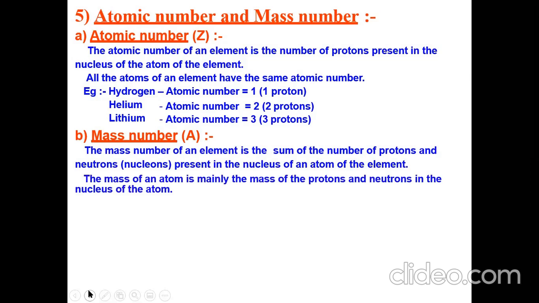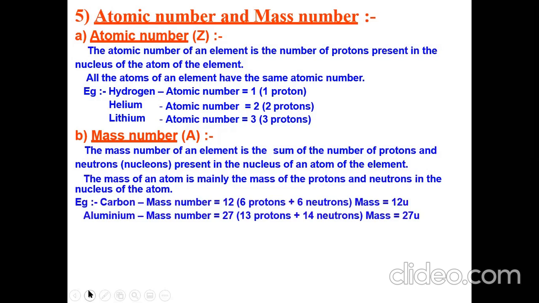The mass of an atom is mainly the mass of protons and neutrons present in the nucleus. For example, carbon, mass number 12, then 6 protons and 6 neutrons. In the case of aluminum, mass number 27, then 13 protons and 14 neutrons. In the case of sulfur, 16 protons and 16 neutrons, then the mass number is 32 U. U means unit.